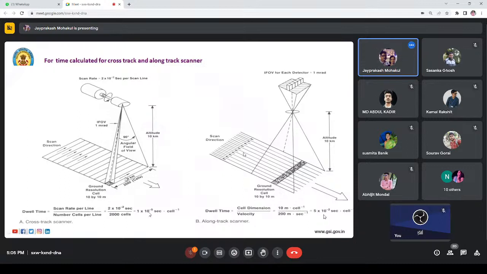Since the dwell time is less here, you need a really very powerful detector capable of measuring the entire energy that comes. Whereas here, a less powerful detector can also measure since the dwell time is more.